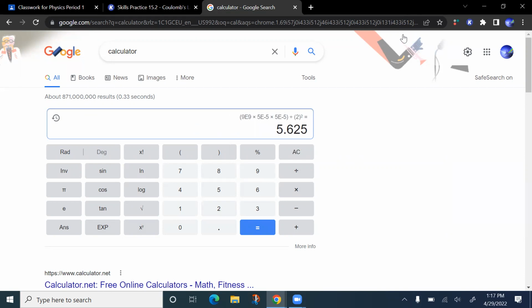And we get about 5.625, or we can just round it up to 5.6 newtons.